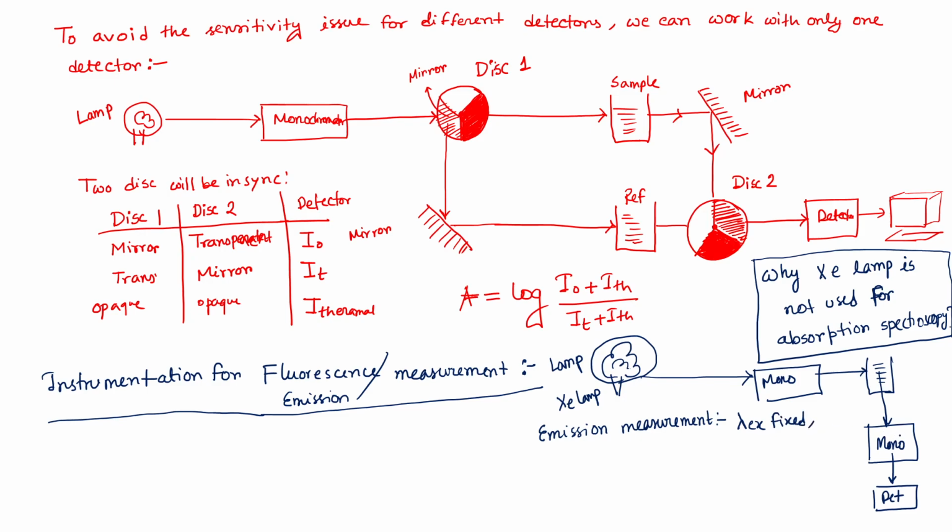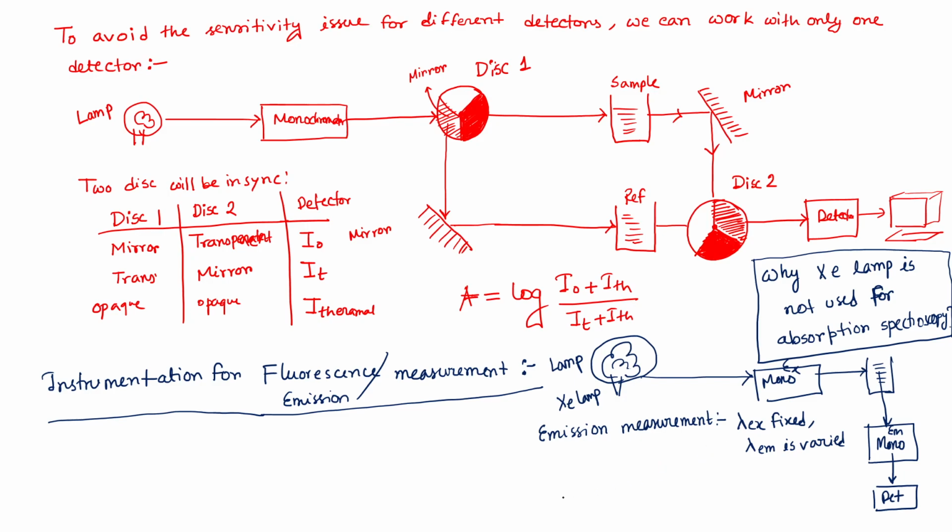This is the emission monochromator, this is the excitation monochromator. The excitation monochromator is fixed, but lambda emission is varied. So the emission monochromator is varied, and then you will get the emission spectra.